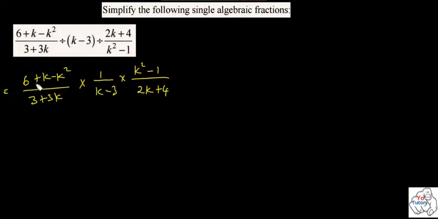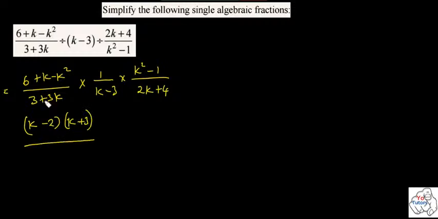Then what are we going to do here? We check what are the two factors. If we add them, we get positive k, and if we multiply them, we get negative 6k squared. Those are negative 2 and positive 3. So we say k minus 2, k plus 3.